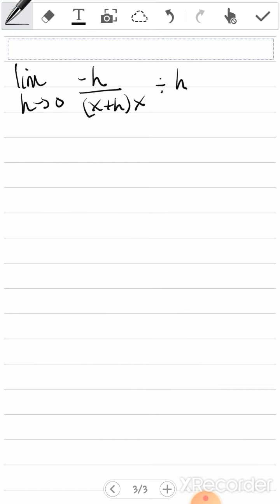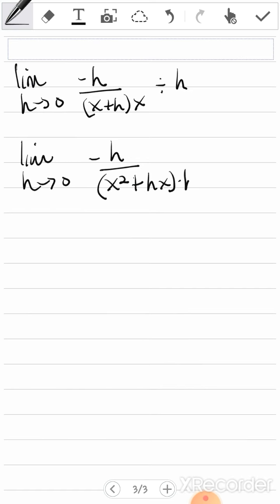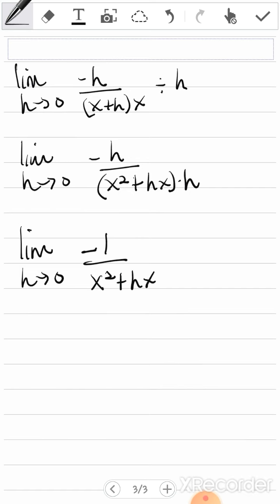When you simplify, you're going to get the limit as h approaches 0 of negative h over x squared plus hx, multiplying through, times h. Can you see that the h's can cancel out? So we're going to get the limit as h approaches 0 of negative 1 over x squared plus hx.